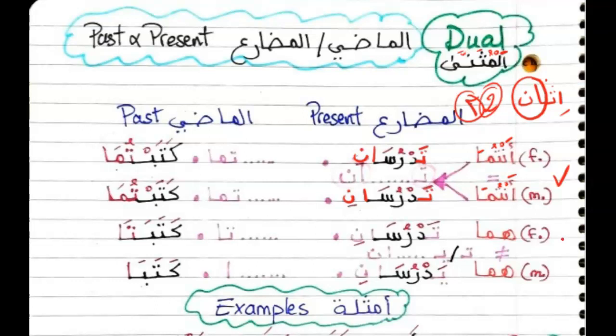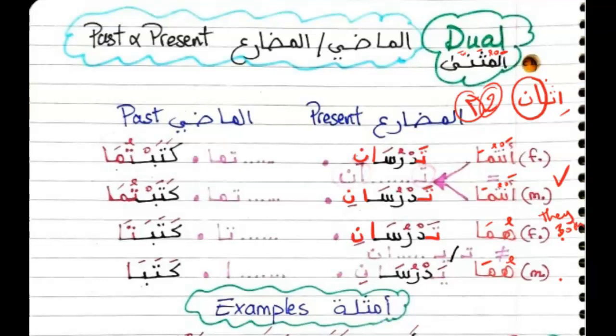But when you go to talking about two people that are not present, which is huma, they two, or both of them, they both, huma. The feminine has a ta. Again, the feminine huma has a ta, but they also has an, just like you both.